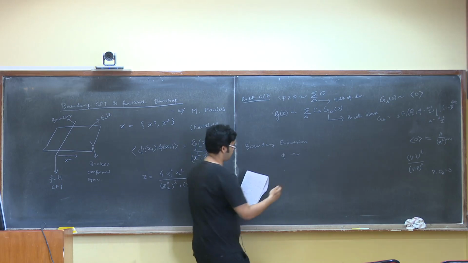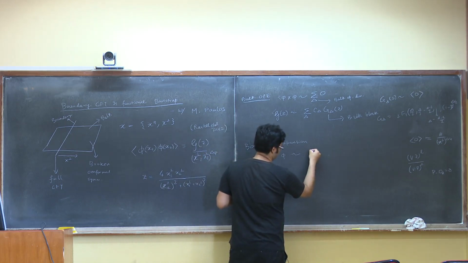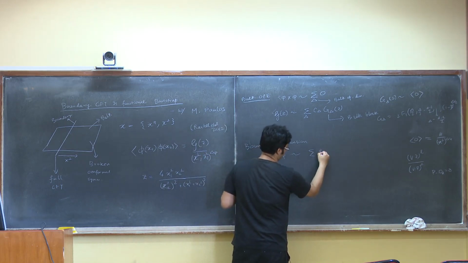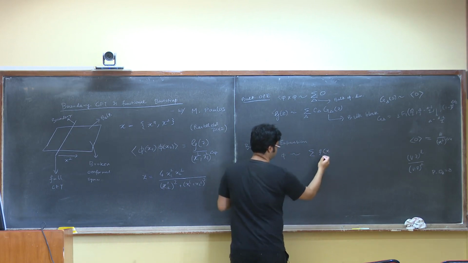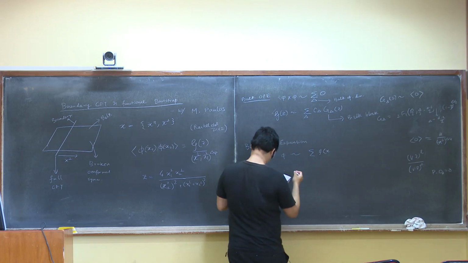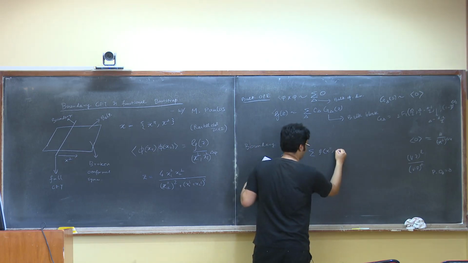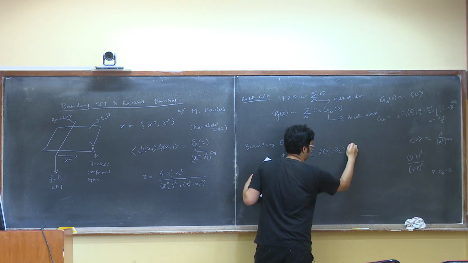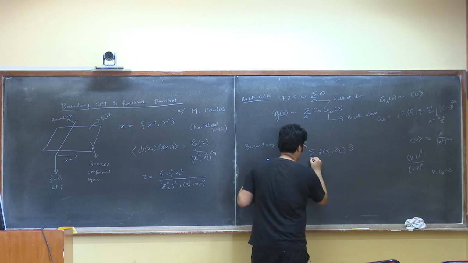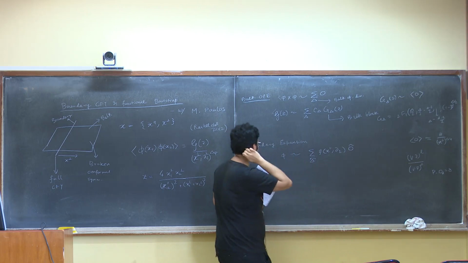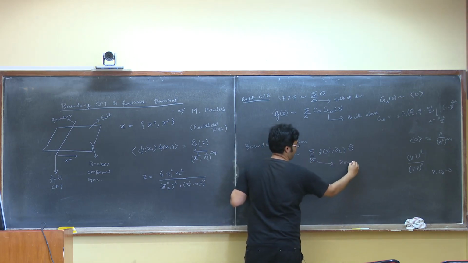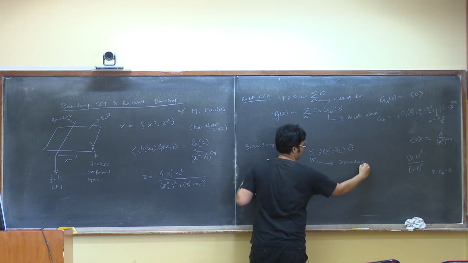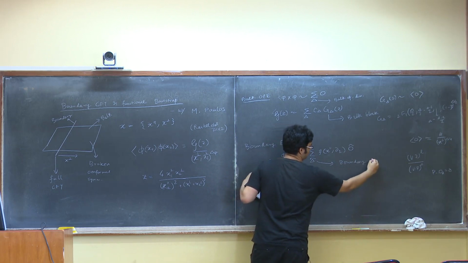So we have something like phi, which can be written as a sum like this, times x parallel, a sum over boundary operators.